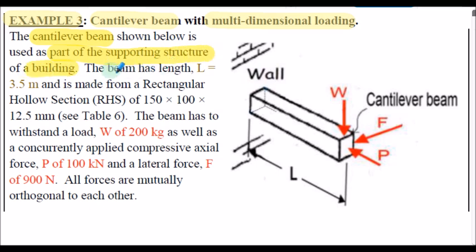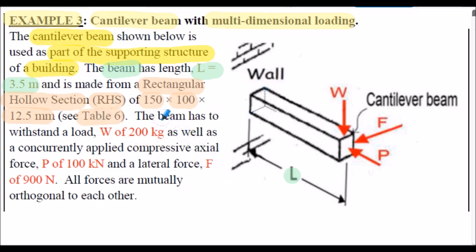The beam has a length L of 3.5 meters and is made from a rectangular hollow section, RHS section, having the dimensions 150 by 100 and a wall thickness of 12.5 millimeters. The section properties for the RHS section are shown in table 6 on a later slide here.